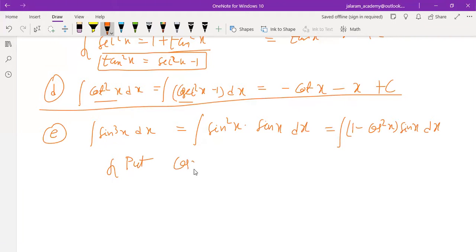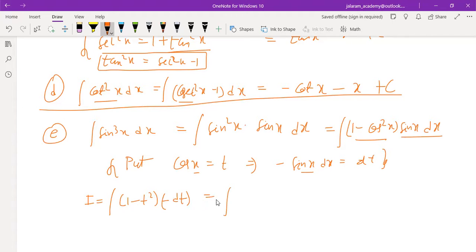Put cos x equals t. So its differentiation is minus sine x dx equals dt. So I equals what? This 1 minus cos square x, when we substitute cos x equals t, becomes 1 minus t square, and sine x dx becomes minus dt.